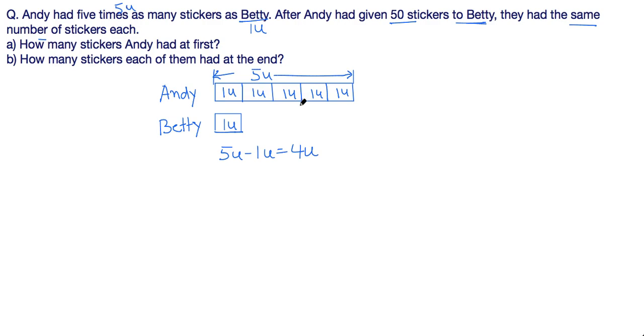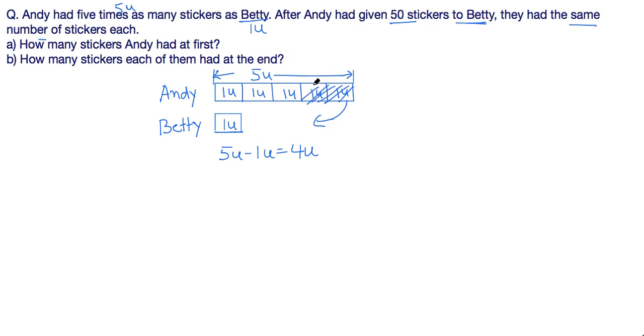Now, how many units should Andy give to Betty so that they become equal, right? Obviously half of it, right? If he gives these 2 units to Betty, they will become the same, right? So let's move these units to Betty. So we erase it from here.